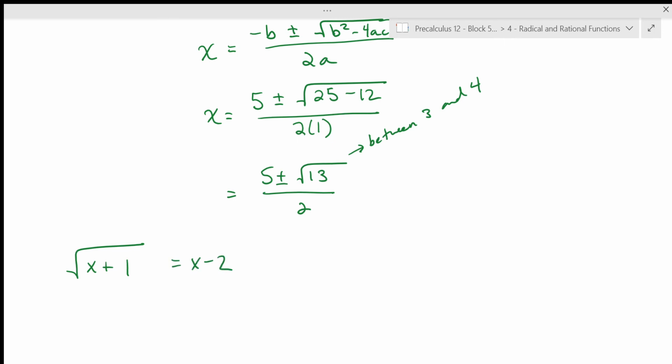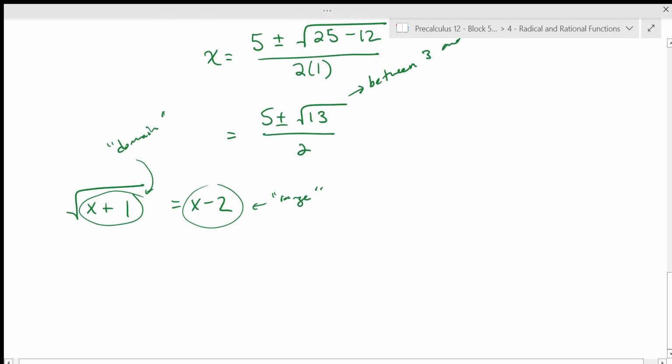What I'm going to do is I'm going to think of what goes in here. Think of it kind of like a domain. And what comes out here is kind of like a range. That's what's coming out of the radical. So what goes into my radical has to be positive, and what goes out of my radical has to be positive.